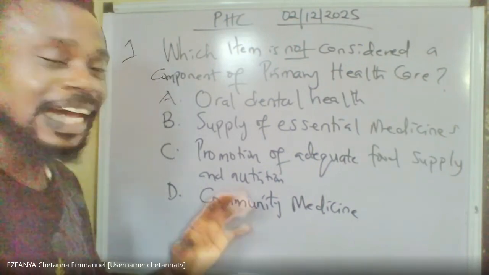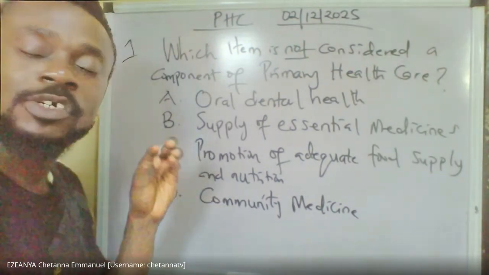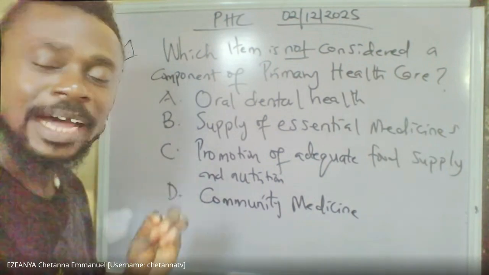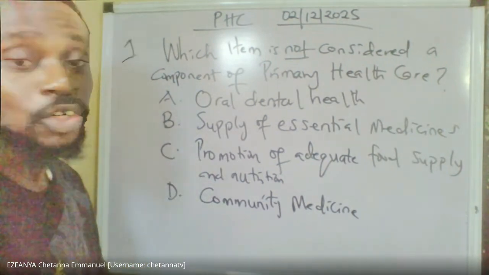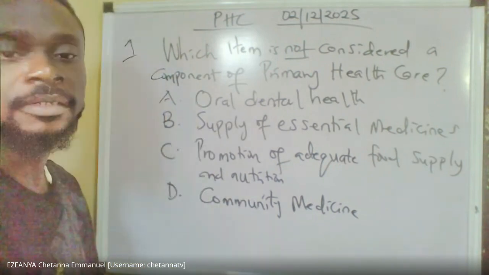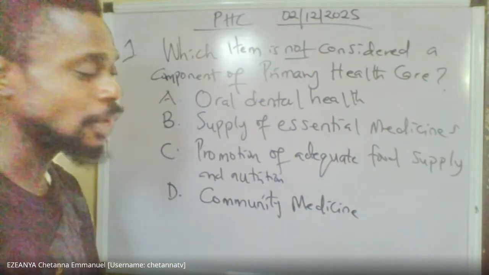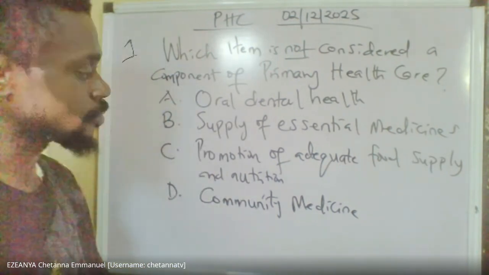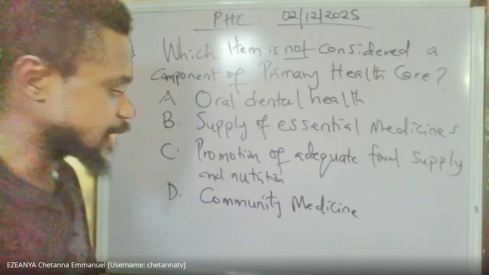So these are what you can see under primary health care, not community medicine, because community medicine is a discipline on its own. So it's not a component of primary health care. So that is why D is the answer.